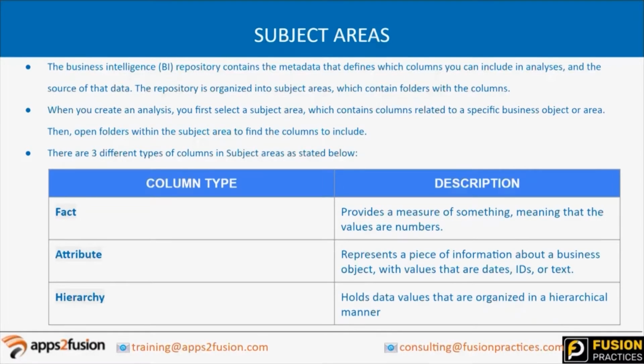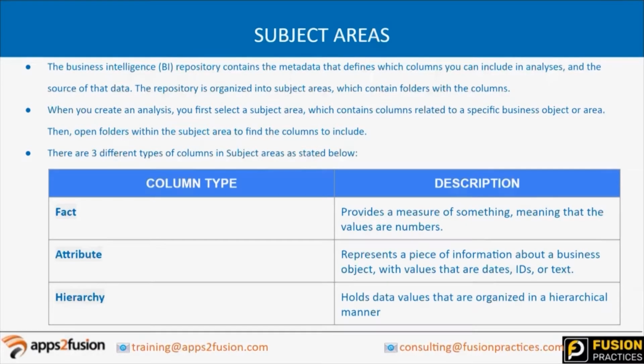Starting with fact, it deals with your values, like let's say invoice amount. Anything that talks about numbers or details of that particular transaction comes under fact. Sometimes we might get confused about which one is fact and which is dimension, but to differentiate, we have that icon.